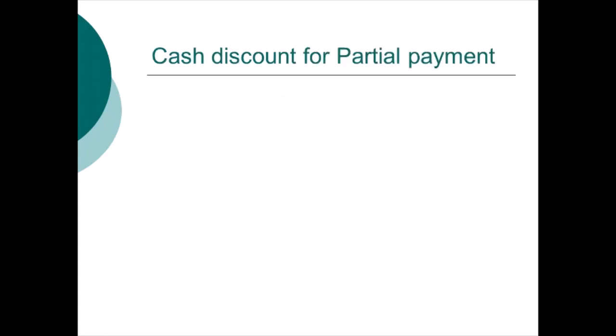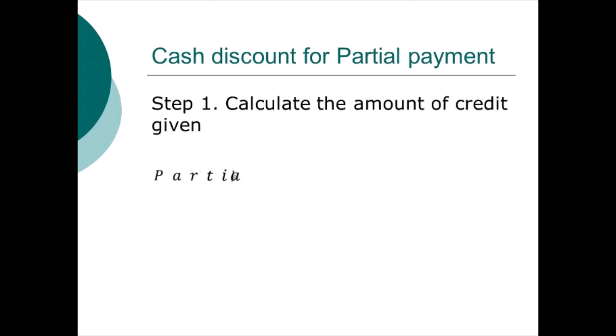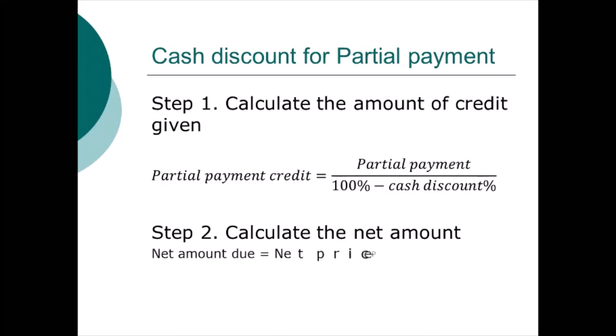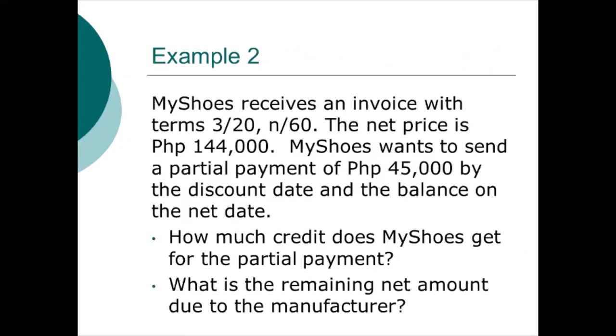let's have the cash discount for partial payment. We will be using the following formulas. My Shoes receives an invoice with terms 3% within 20 days and the net amount is due after 60 days.